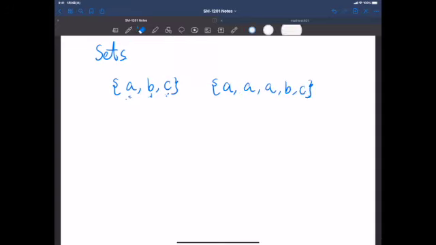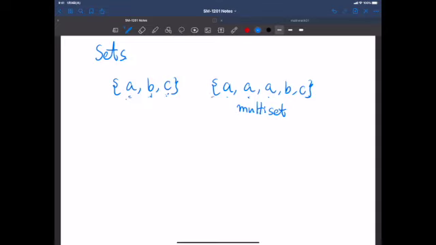this is not a set because this A and this A and this A, we cannot distinguish them. Okay, so this is actually a multiset, which is important for database theory, but in mathematics we usually don't deal with this kind of multiset.